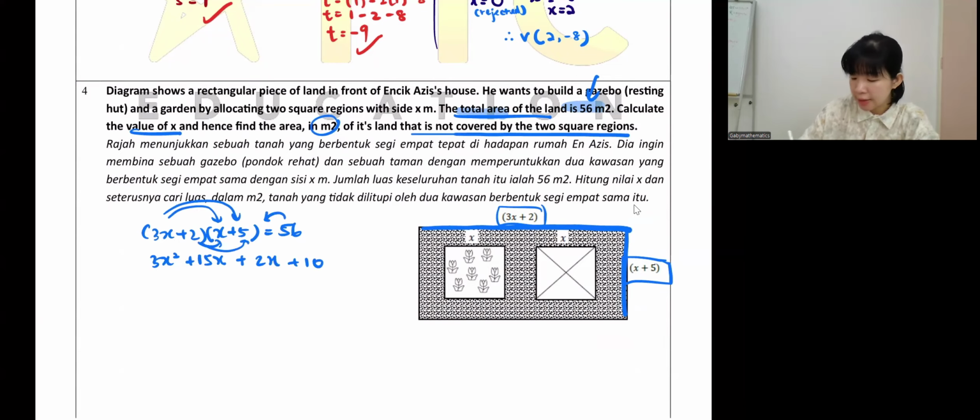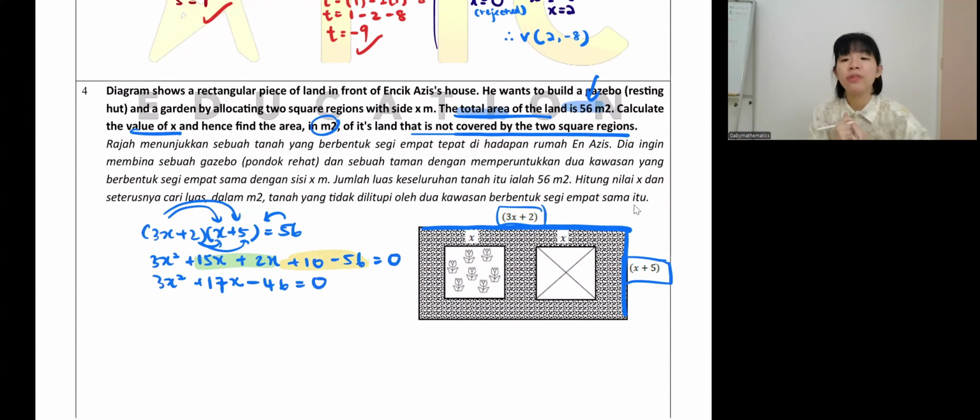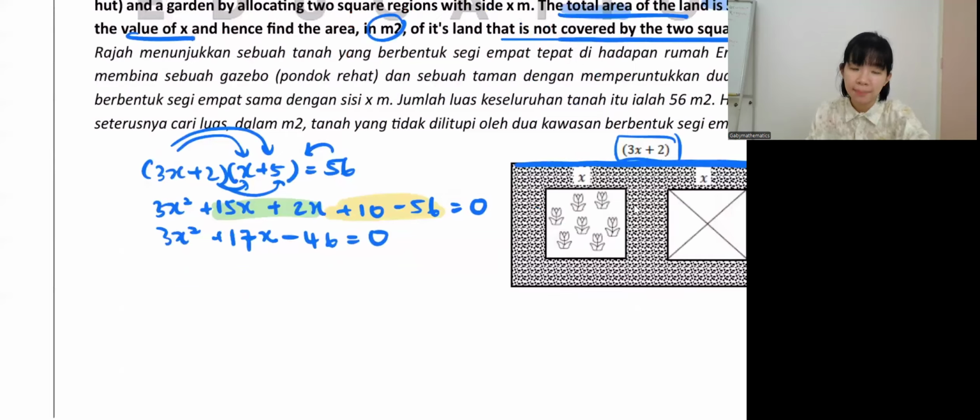You can bring this 56 over: minus 56 equals 0. 3x squared, then 15x plus 2x is 17x. 10 minus 56 is negative 46 equals 0. Can we simplify? 3, 17, 46. Cannot divide by any number already.